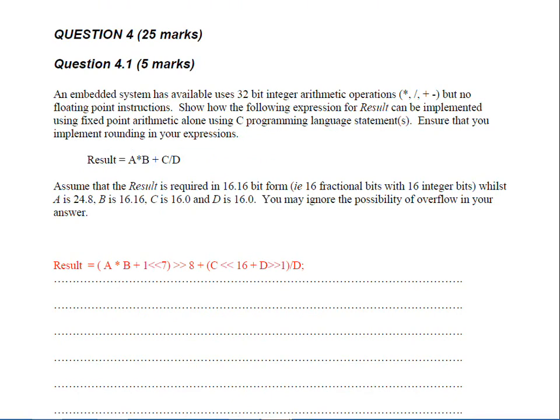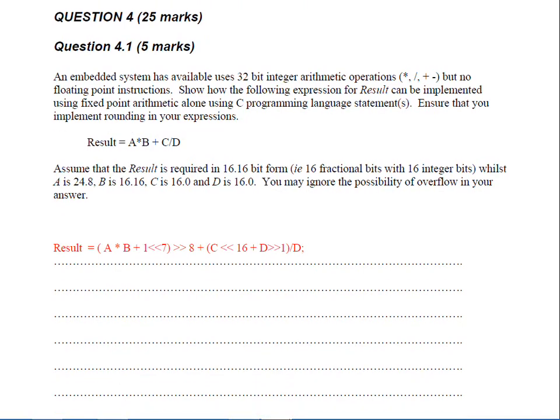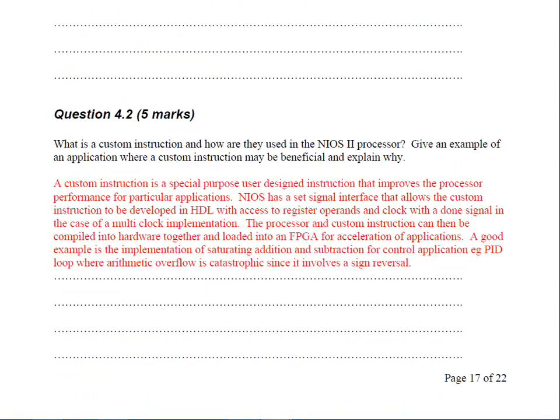Okay, we've done this example already in previous lectures on fixed point rounding of an expression, so you can look back at that. And finally, this is the last question that's relevant to us. Custom instructions, we discussed those in the lectures. For a NIOS, why would you bother?